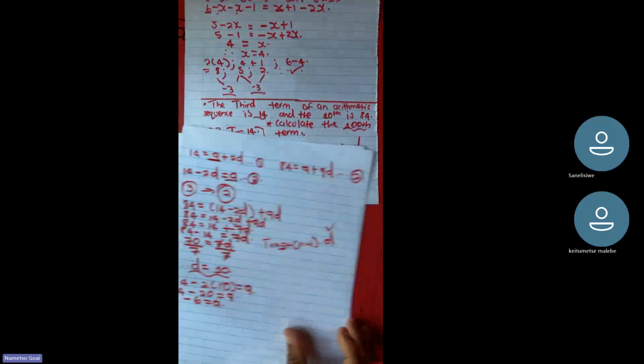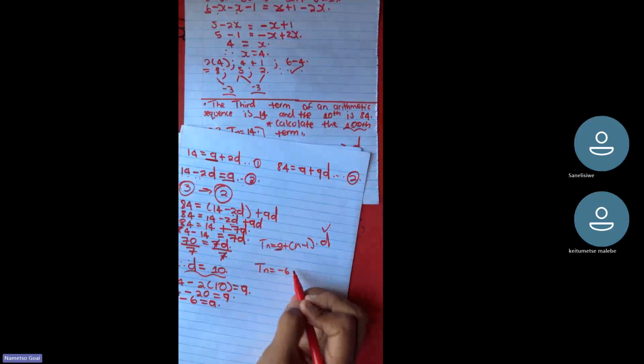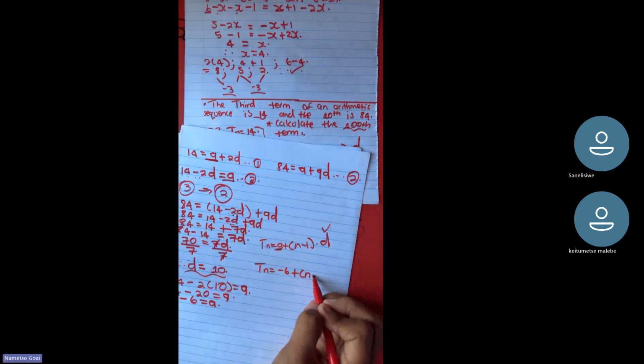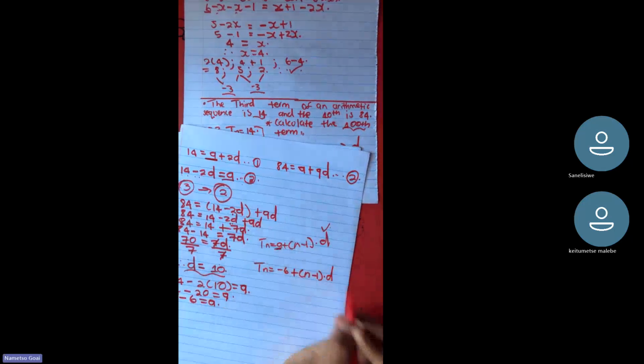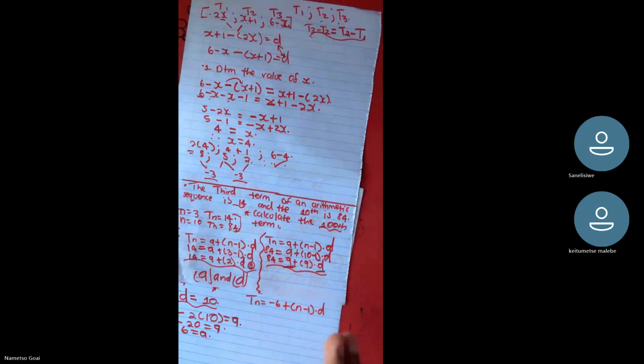So see now you have your Tn equals, what is your A? Minus 6 plus (n minus 1) D. Now remember from this question they had said: calculate the 100th term. So basically tell us what position 100, what its term would be, what its value would be.